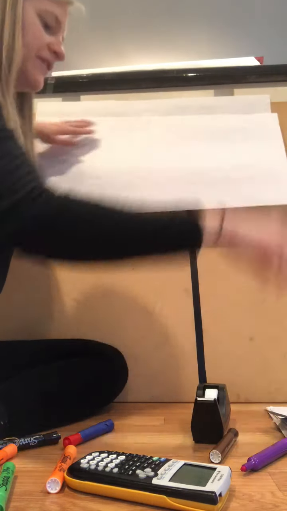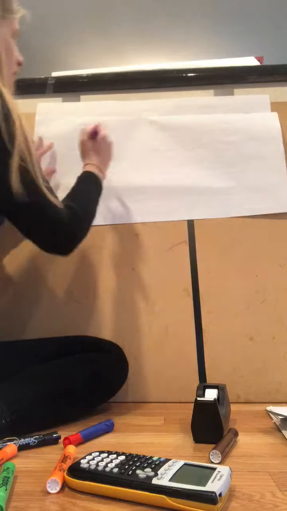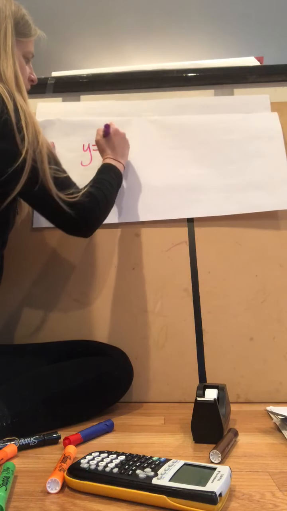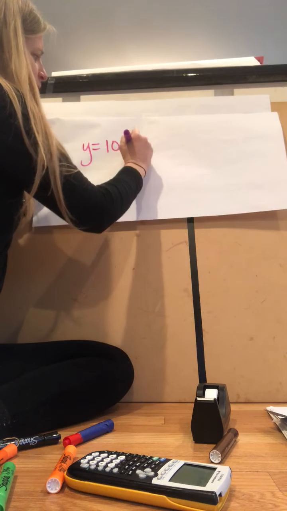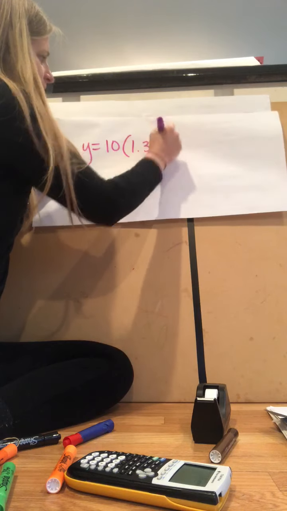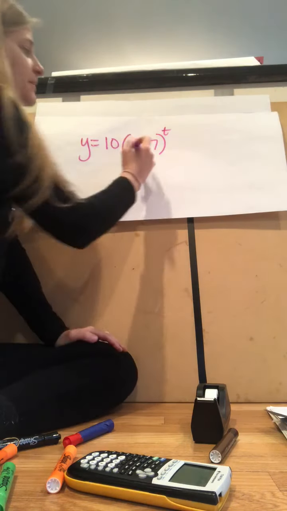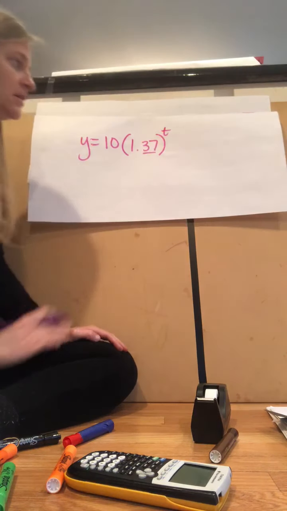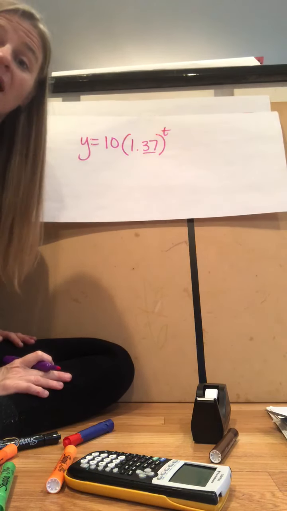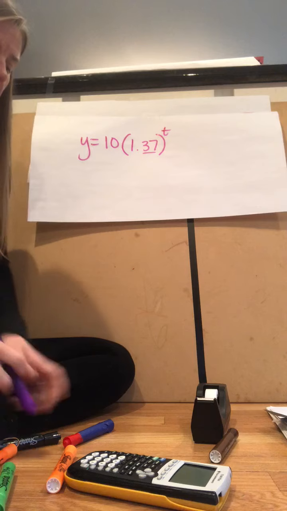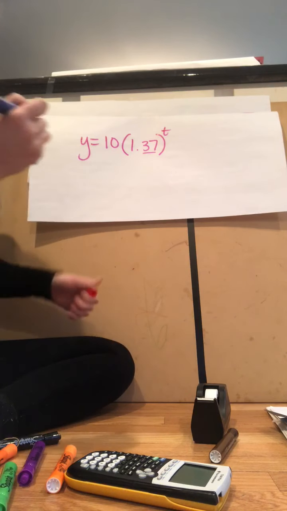But if I had y equals 10 times 1.37 to the t, right now I can see that my growth is going to be 37%. Some of you might see that awfully quickly. If I need to do it out for you, right?